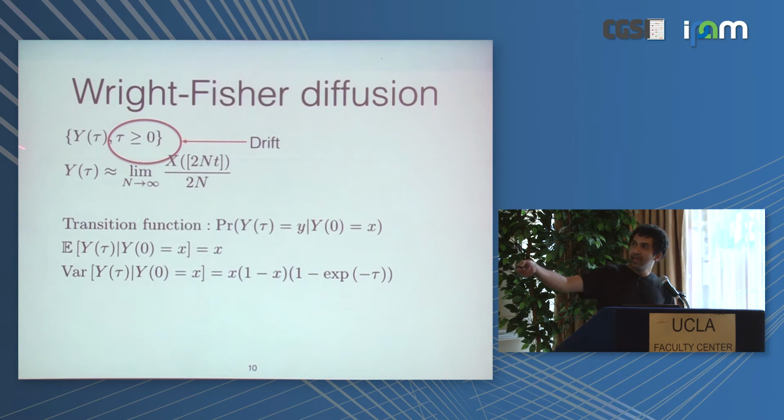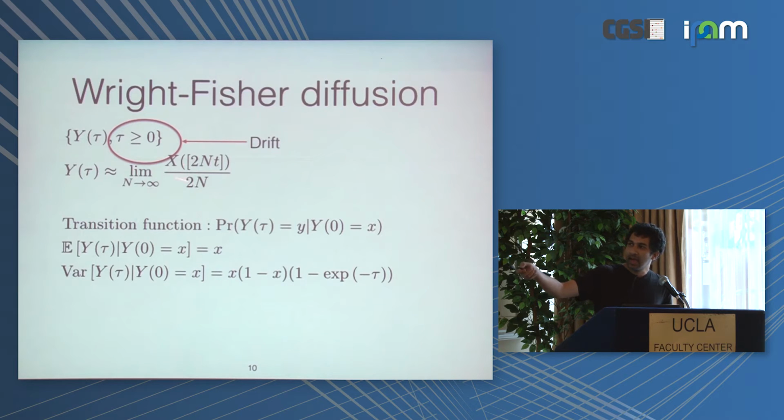We take the underlying discrete time Wright-Fisher model and consider a rescaled version of this model. So we look at x as a function of time, where time is rescaled in terms of the number of generations. In this new process, 1 unit of time corresponds to 2n generations.